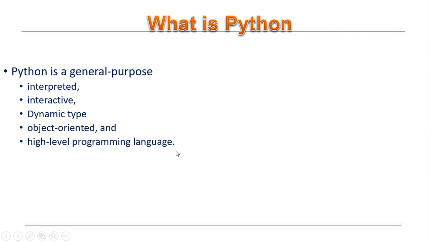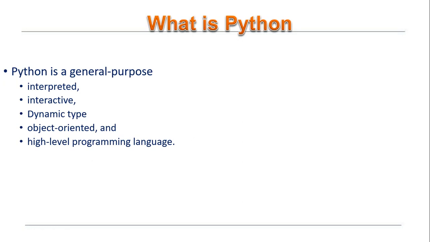Now high level programming language. What do you mean by high level programming language? High level programming language means all the statements are written in a highly readable manner, because we are writing the program in simple English language, which is high level, right?